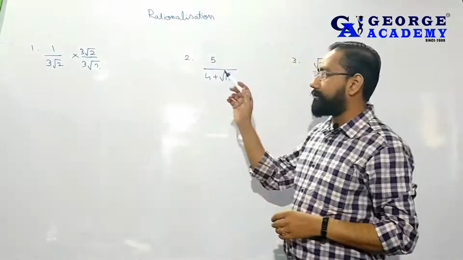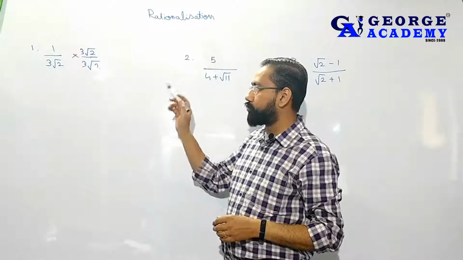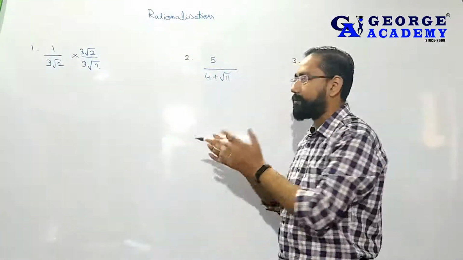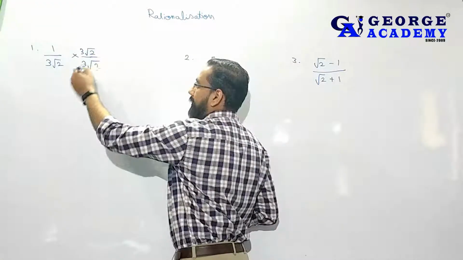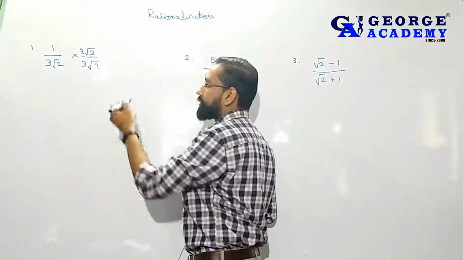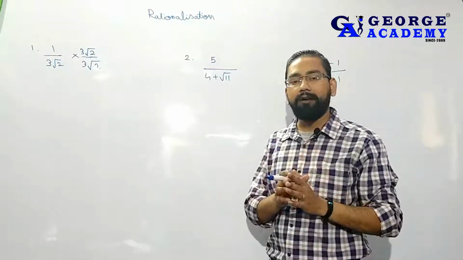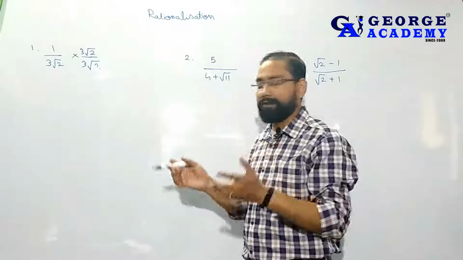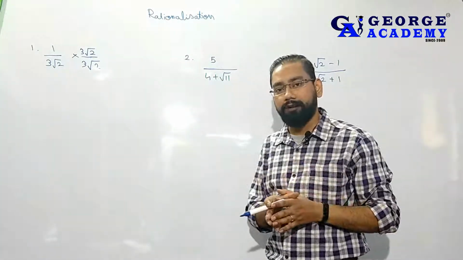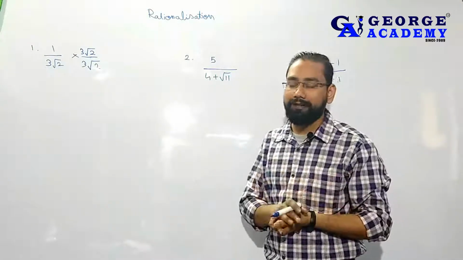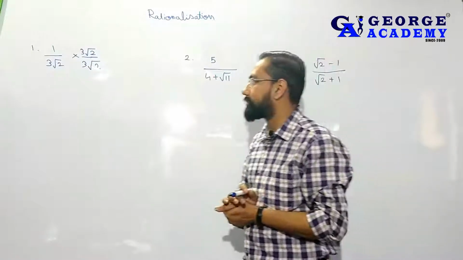Multiplying by 3 root 2 by 3 root 2 means we are multiplying the fraction by 1, because this will get reduced and become 1 by 1. So we can multiply a fraction by any fraction whose numerator and denominator are the same, because it will get cancelled and become 1. So its value is not changing.